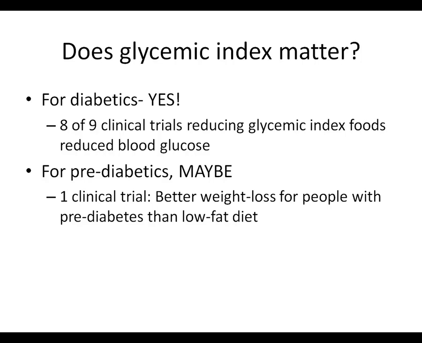So in one clinical trial, they found that if they included information about glycemic index foods and asked the patients to focus on that as part of their weight loss plan, those people who had that information were more successful at taking off the weight. And for comparison, they had people just focus on low fat.